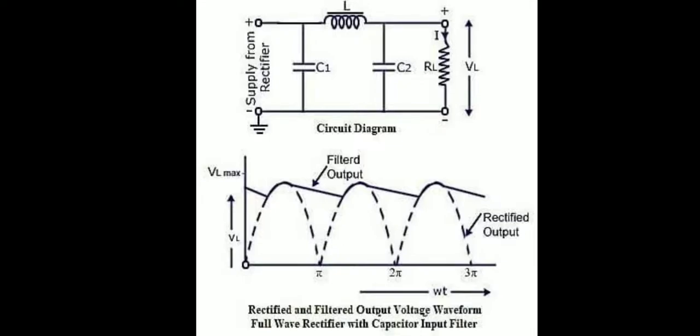Now application of pi filter. The application of pi filter mainly includes communication devices to extract the signal after modulation. This filter is mainly used for attenuating noise within signals as well as power lines.